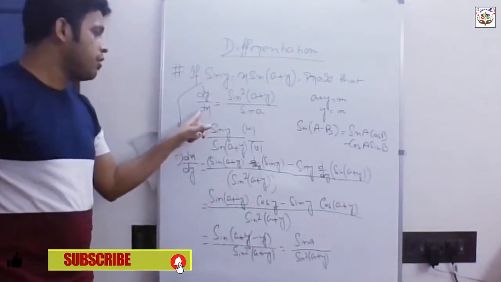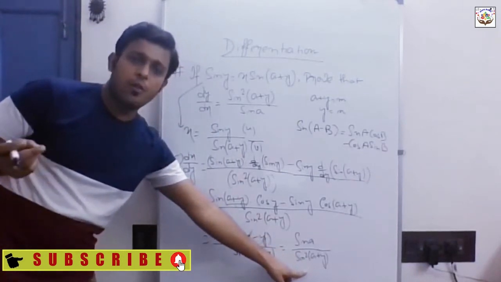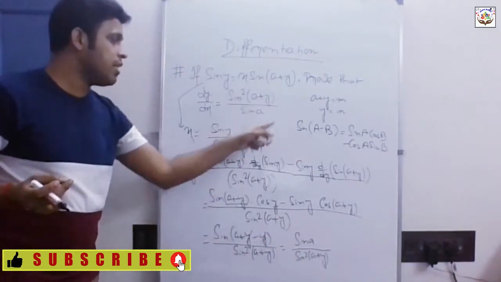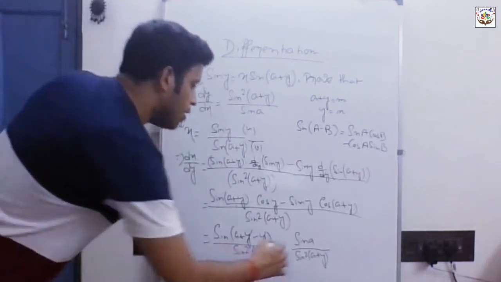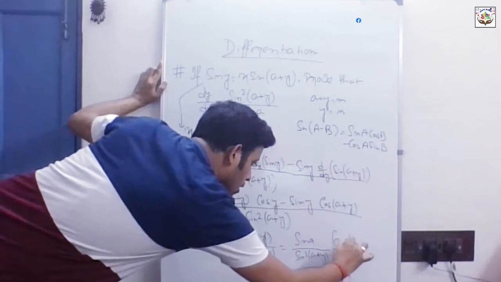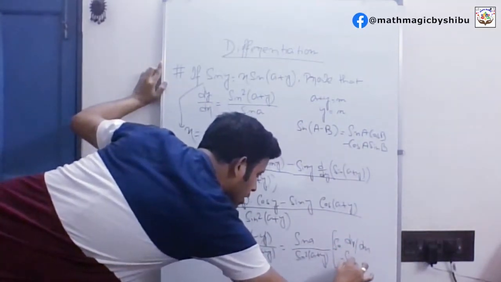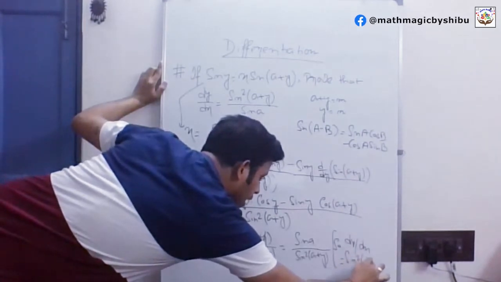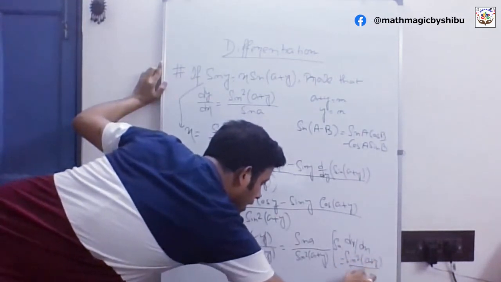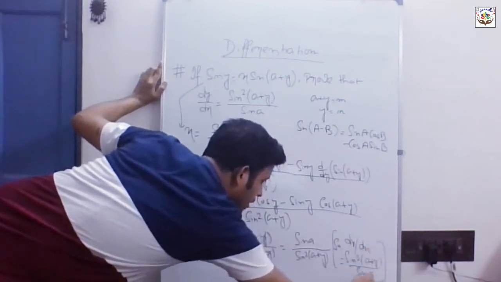So the value of dy/dx is the reciprocal of it, and that proves whatever was asked. So dy/dx equals sin square (a plus y) divided by sin a.